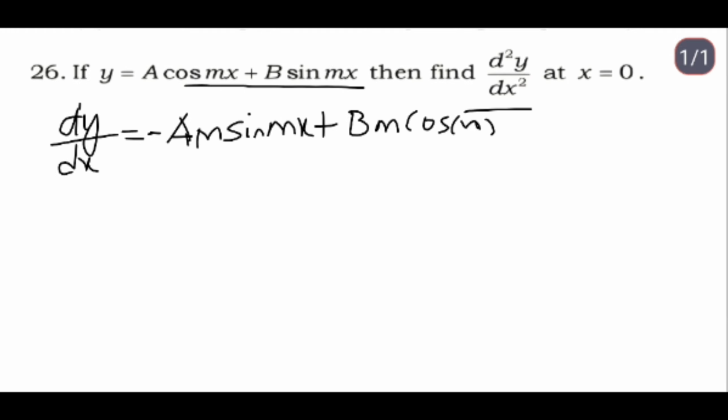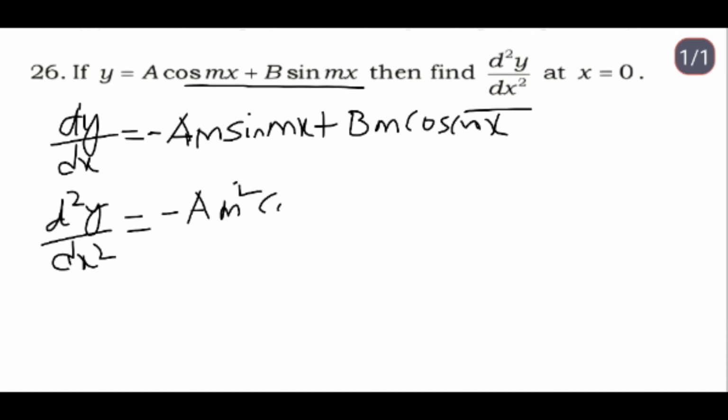Again differentiate: d²y/dx² = -a m² cos mx, and cos becomes sin, so -b m² sin mx.